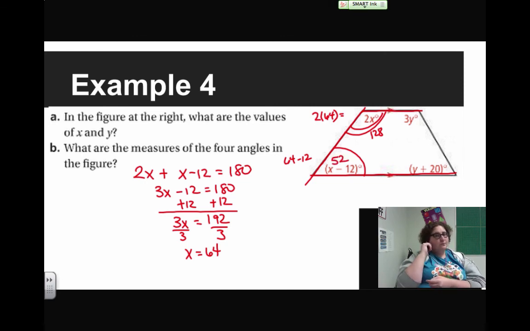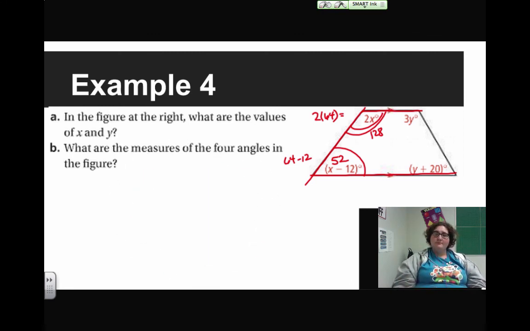Okay, now we need to solve for y. Again, the lines are parallel, and now this is my transversal, so they're still same side interior angles. So I can say 3y plus y plus 20 equals 180, because same side interior angles are supplementary.